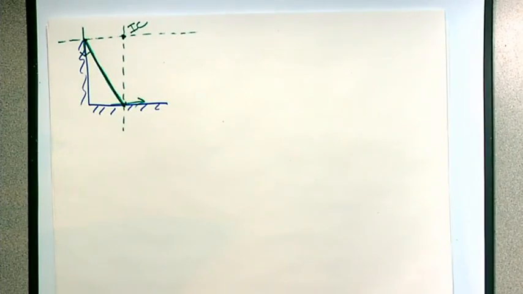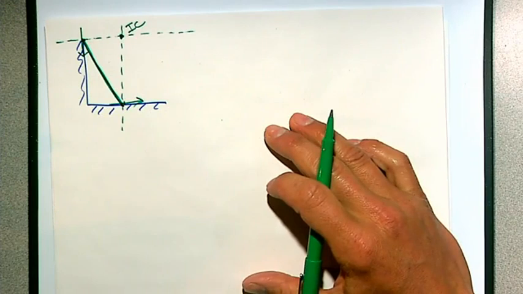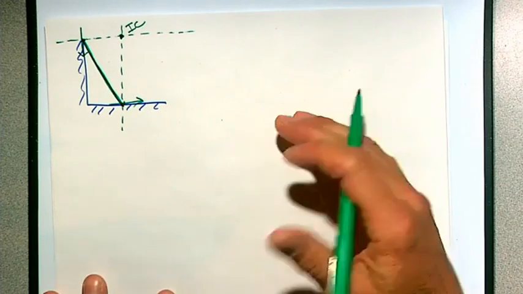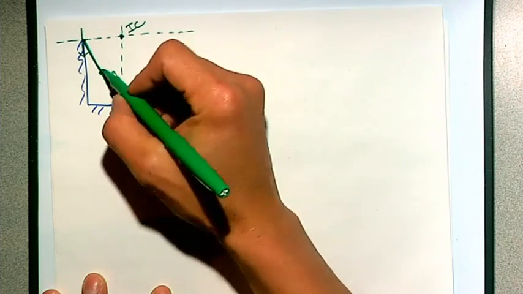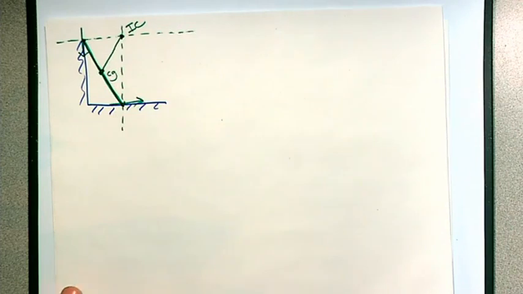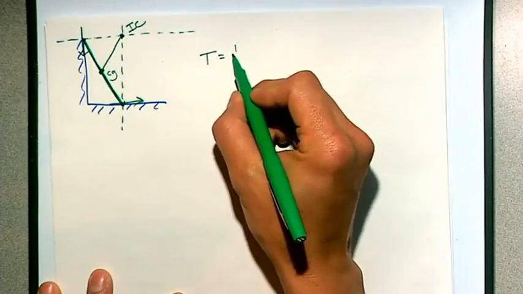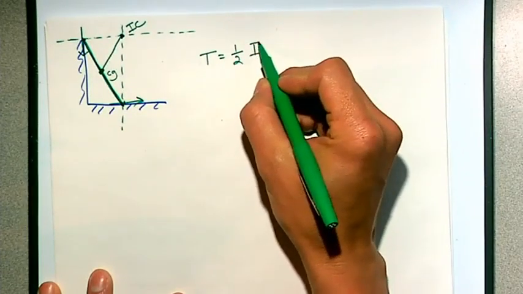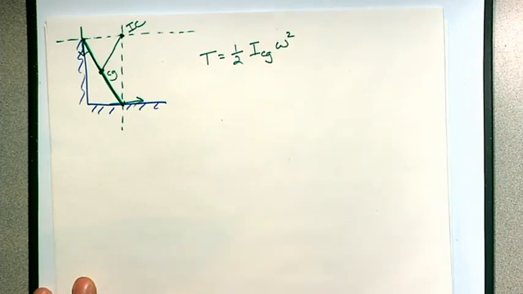So at this instant in time, it looks as if this rigid body is rotating about our instantaneous center. So for us, maybe this is my CG here. We want to reference everything with respect to our instantaneous center. So we would have kinetic energy half I with respect to the CG times omega squared.